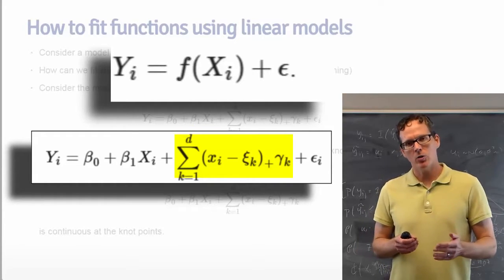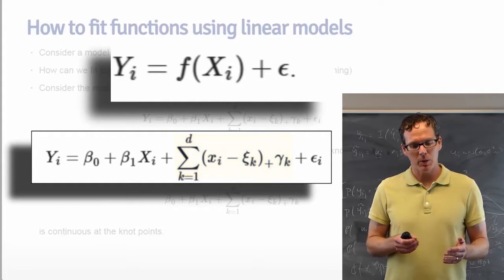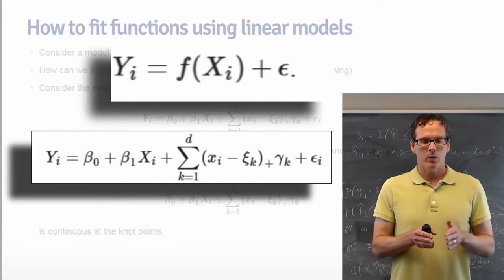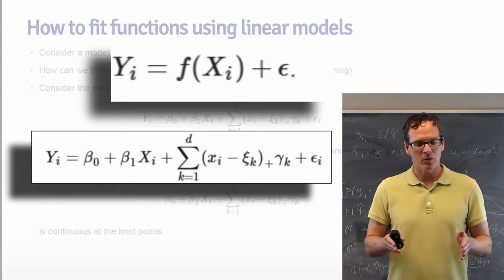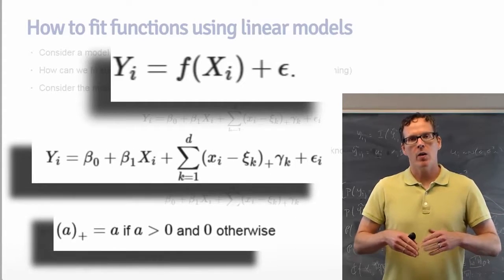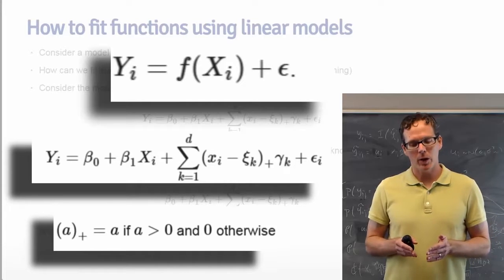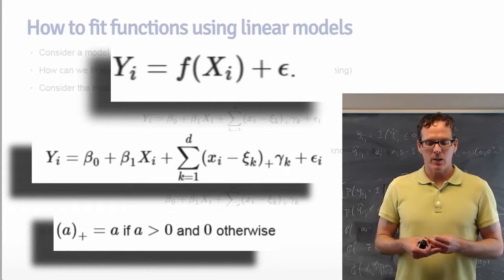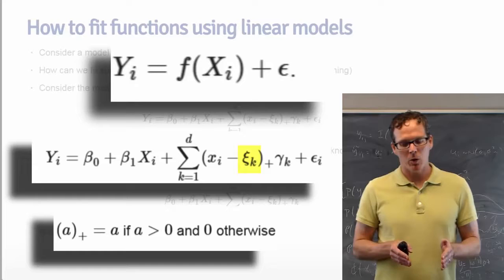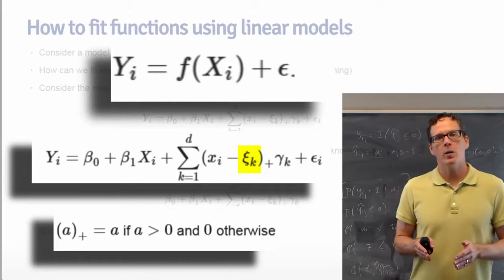I'll show you in a second what these actually mean. The function with a little plus just returns the argument if that argument is positive, and returns 0 otherwise. And these little xi terms, xi 1 up to xi K, are the knot points.